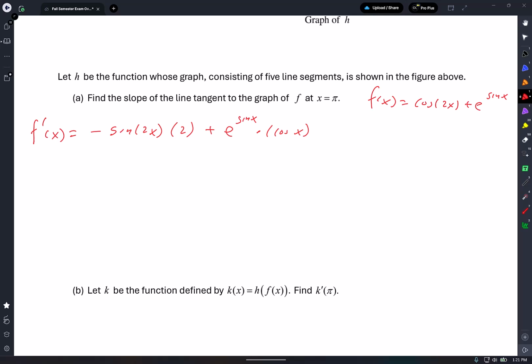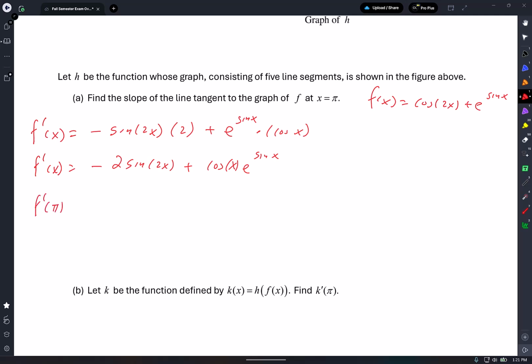I don't see any issues. I guess maybe write it a little prettier. I mean, you don't have to. Negative 2 sine 2x plus cosine x e to the sine x. If you feel compelled, go ahead, not a big deal.